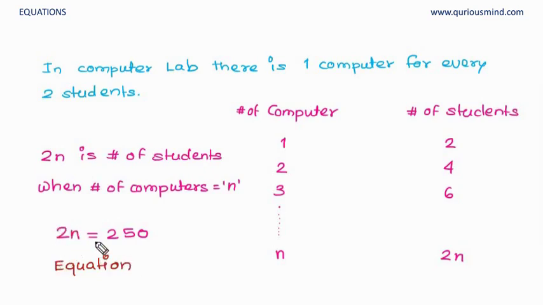Expression only had one side. Now here we have an equality sign and there is another side. So what we have done is we have put a condition on the variable.